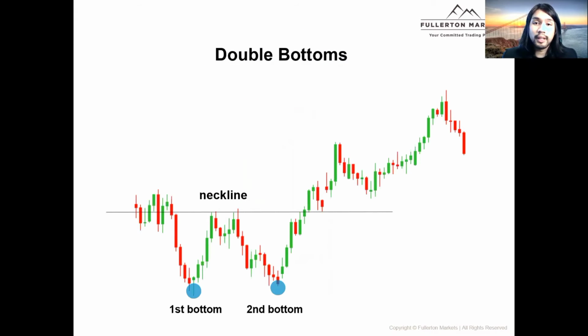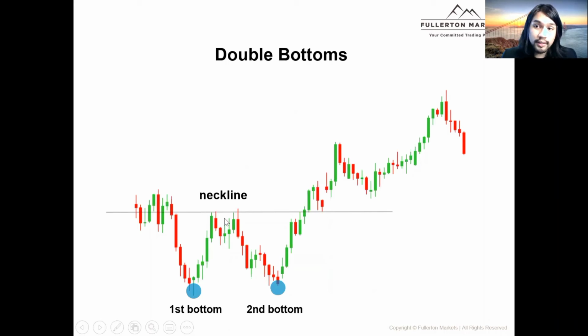Let's move on. Now let's talk about double bottoms. They are just like double tops, except that they are found after prices have been moving down. It's a reversal pattern. Earlier, prices were moving up and we were waiting for double tops. This time, prices are moving down, going lower and lower, and they might form a double bottom. When they do, we first identify the lowest area.